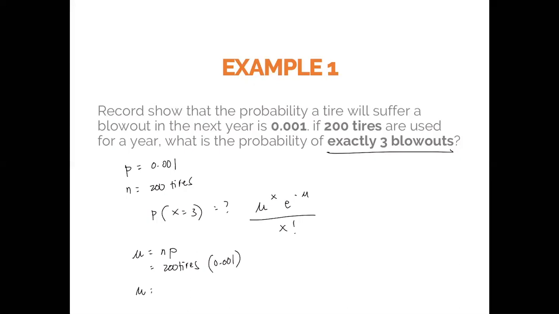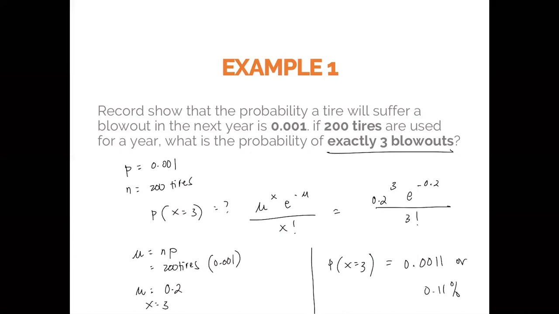So, ibig sabihin, ang mu natin is 0.2. Okay? Then yung x natin is equals to 3. So, substitute lang natin. So, 0.2 raised to 3 times e raised to negative 0.2 all over 3 factorial. So, using your calculator na lang, yung calculated value natin will be 0.0011 or 0.11%. Okay? So, that is for example number 1.